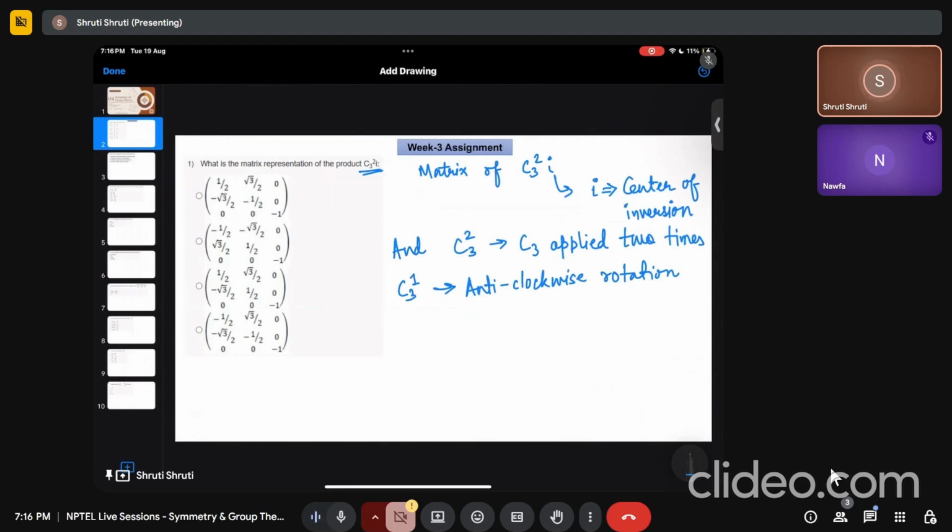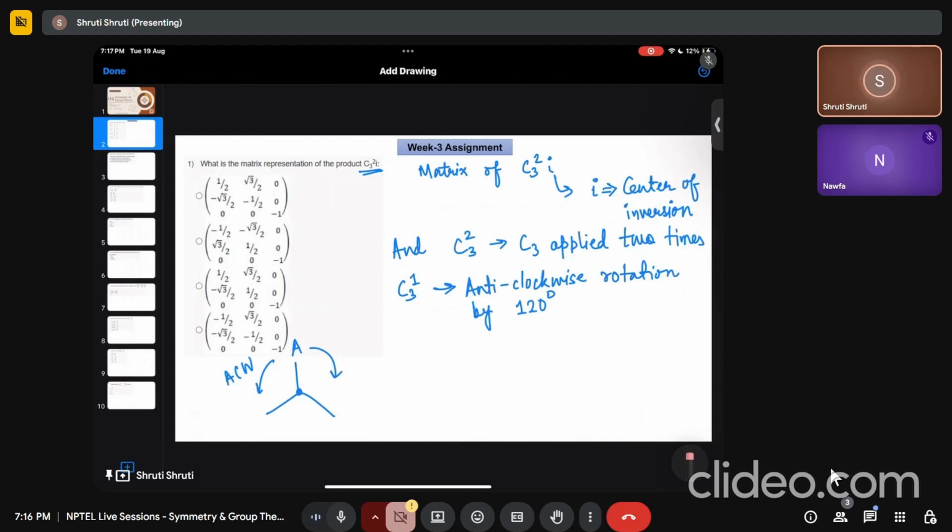If you consider C3 as an anti-clockwise rotation, by 120 degrees because it is C3.